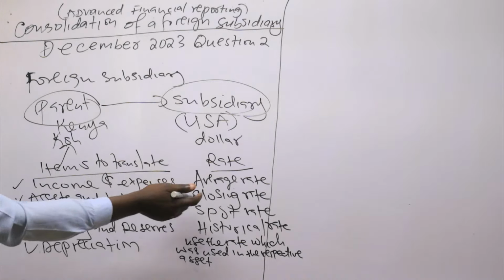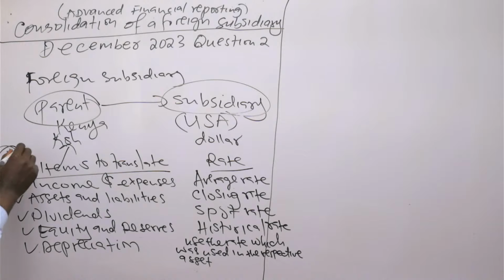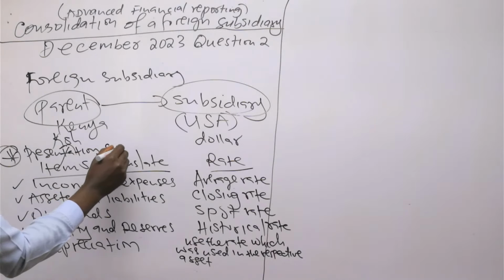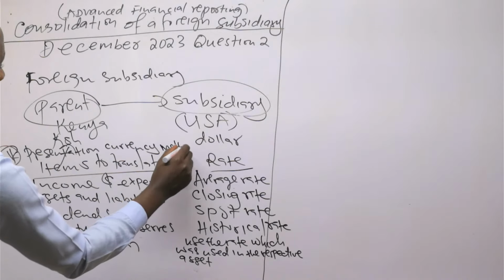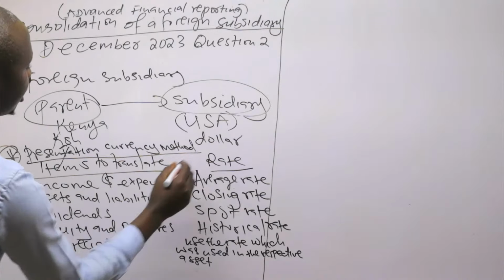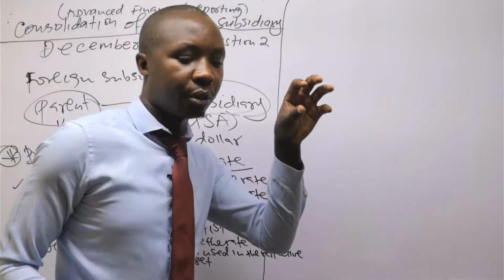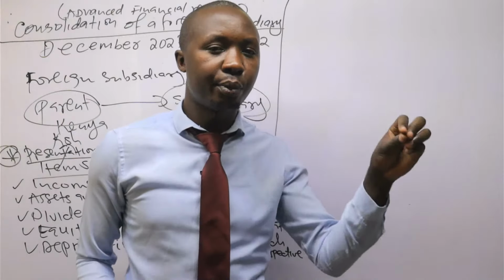And this method of doing this translation is called the presentation currency method. So the relevant method here we are using is the presentation currency method. That is the one which allows the translation of the items of subsidiaries which are independent in nature.